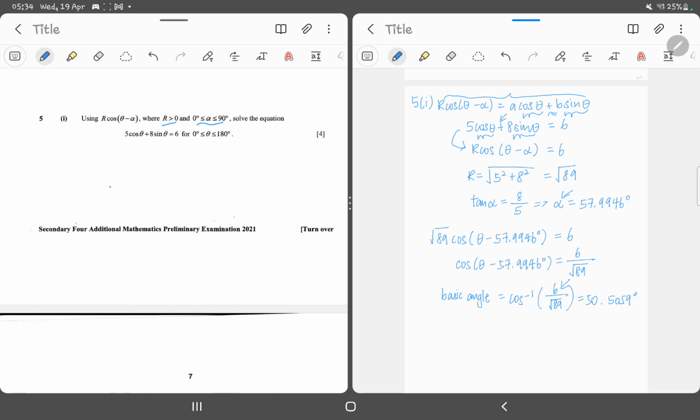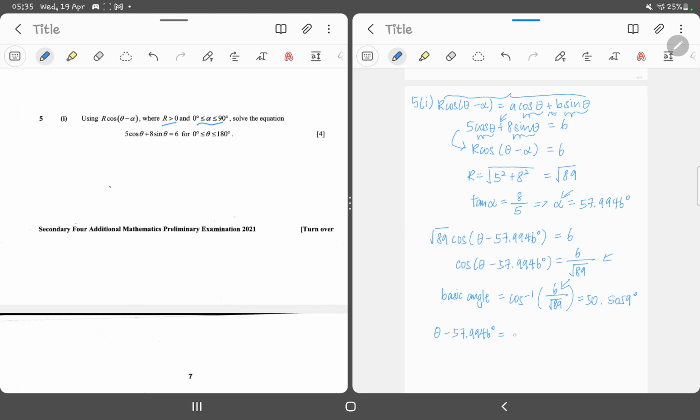We know that cosine is positive, so it is in the first and the fourth quadrant. So theta minus 57.9946 degrees equals, we have our negative angle first, which is minus 50.5059 degrees, and this is in the fourth quadrant.